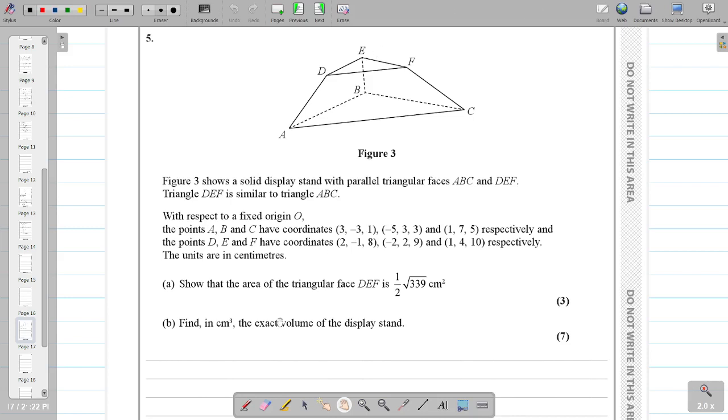So, for example, similar just means that this angle and this angle are going to be the same. With respect to a fixed origin O, the points A, B, and C have, let's just label that. Okay, it's much easier to see when you just label the pictures like that.